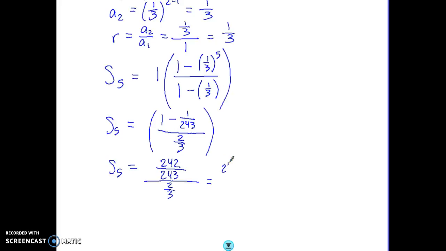So we'll do 242 over 243 times 3/2. And when you do that out, you should get 726 over 486, which is just, if you simplify it, 121 over 81.